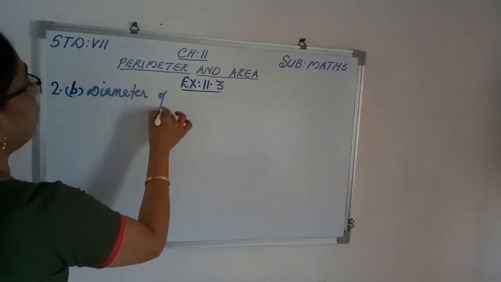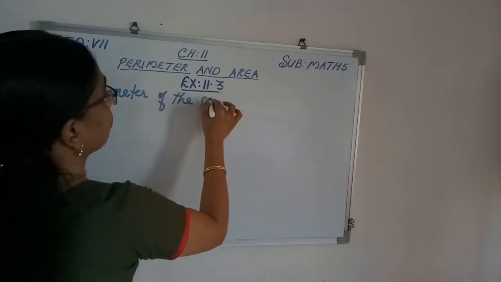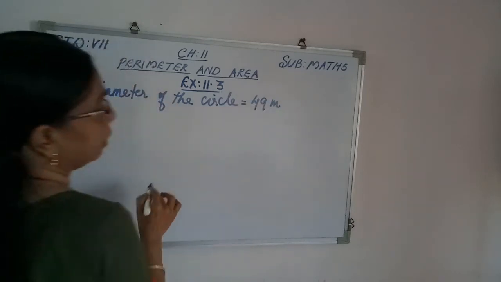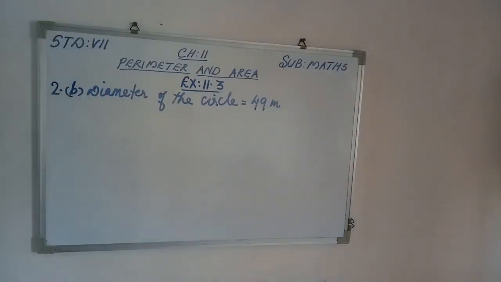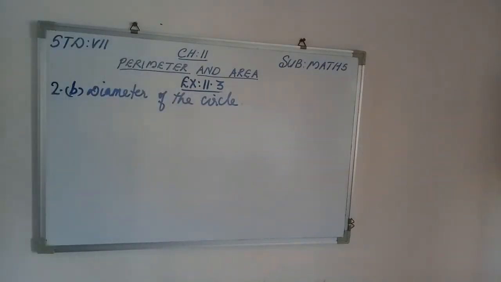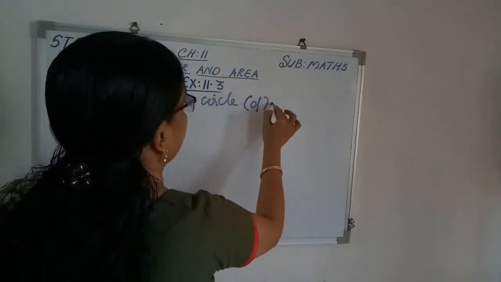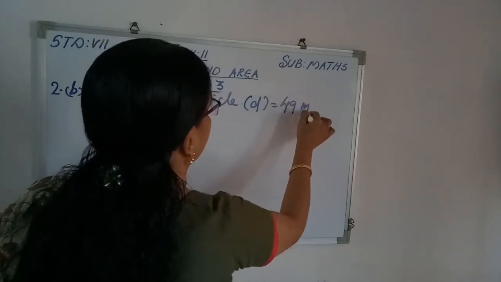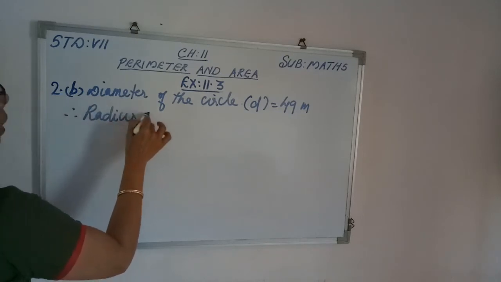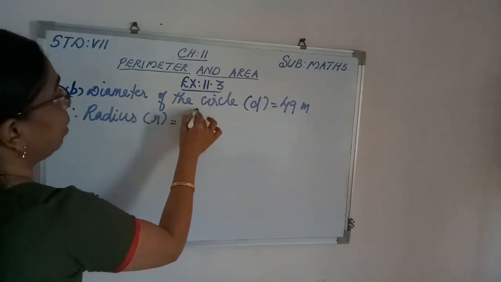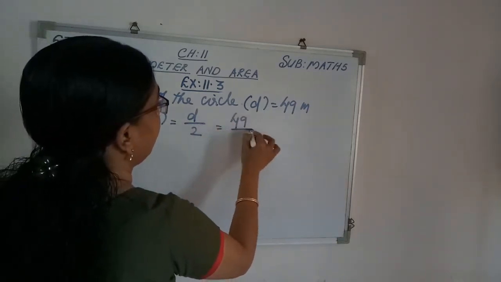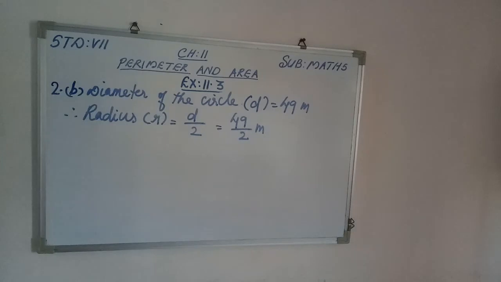Diameter denoted with the letter D. Diameter D is equal to 49 meter. Therefore, what's the radius? Radius R is equal to diameter divided by 2. So, that's equal to 49 divided by 2 meter. Let it be like that only.